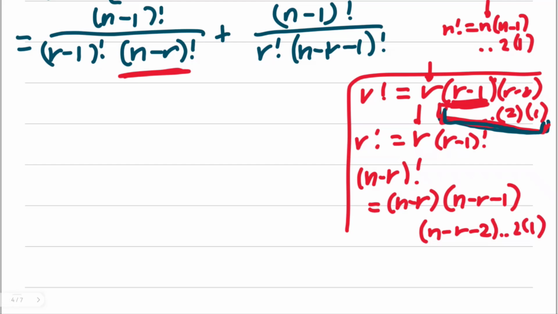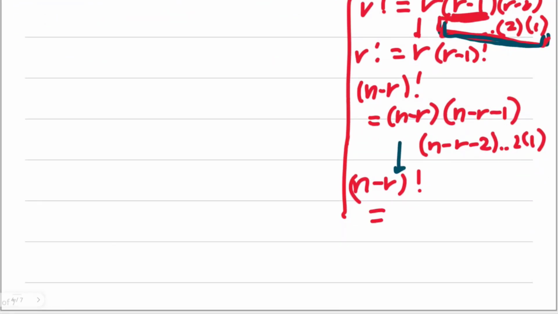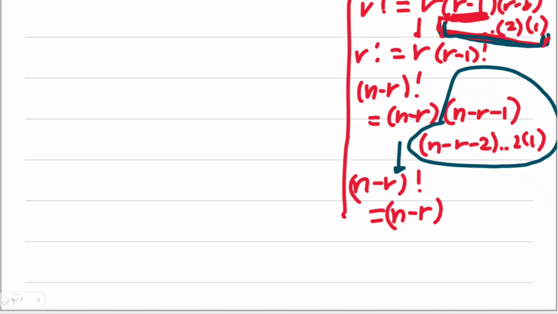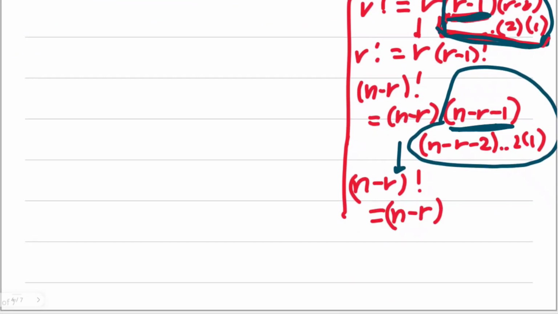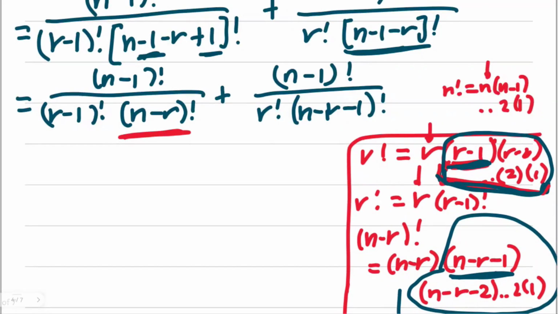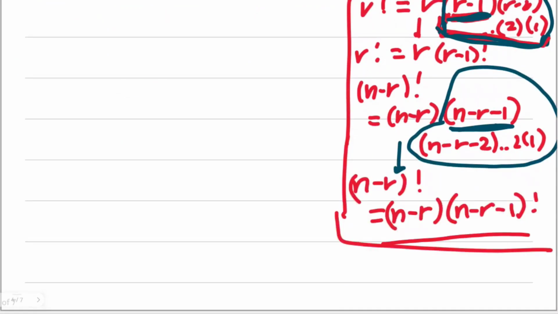Similar to what happened earlier, I can rewrite n minus r factorial just as the product of n minus r and the combination of all of the products of this. Similar to earlier, the combination of all, starting with n minus r minus 1, is n minus r minus 1 factorial. Hopefully this is clear, because aside from the two earlier, this form corresponds to something like this.